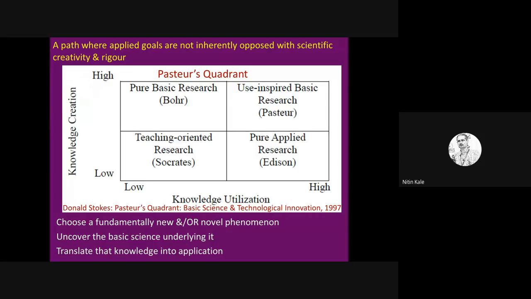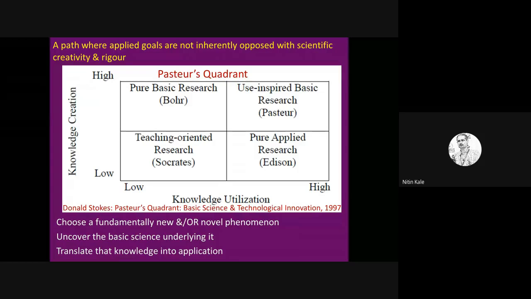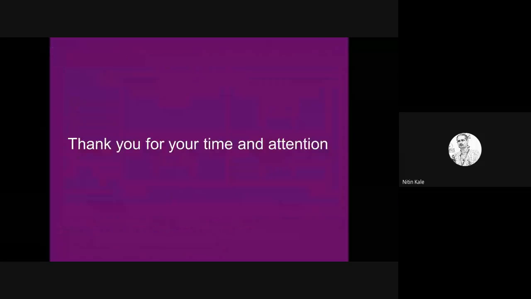So let us choose a fundamentally new or novel phenomenon, let us understand the basic science underlying it, and then translate that knowledge into some sort of an application. So that's all from my side, and I'll be happy to answer any questions.